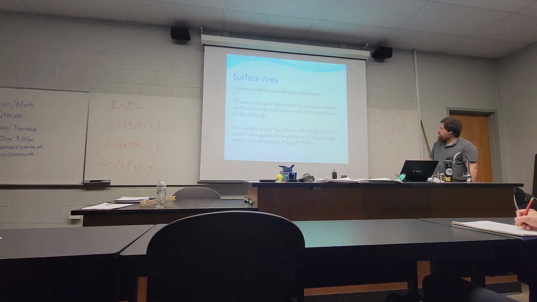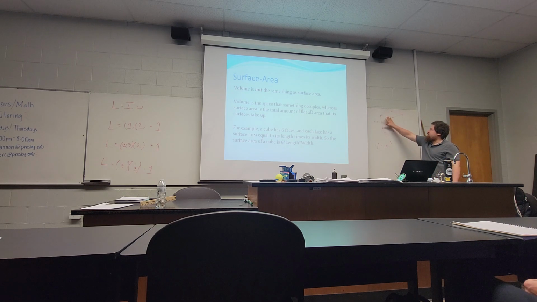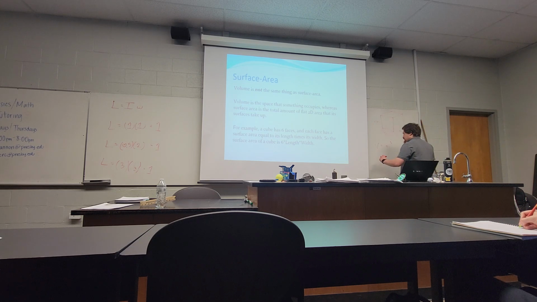Surface area, though, is just the flat area of one or more sides of the surface. So the total surface area of this item: one face's flat area would be a times a, length times width, but this thing has 6 faces, right?